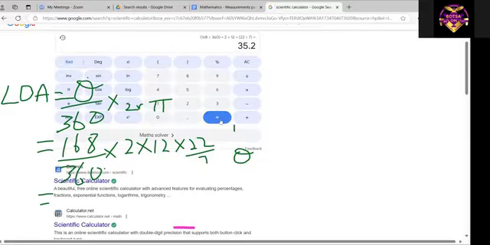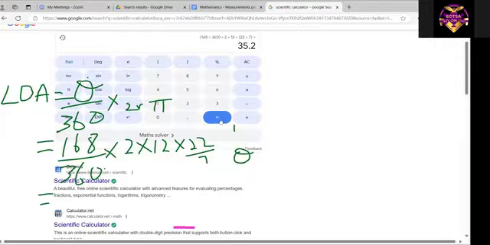Yeah, so with Google Scientific, apparently you have to put certain things in brackets because the calculator needs help. I don't have to do that in my actual scientific calculator. I just put everything in. But apparently with Google Scientific, if you put in a fraction, you have to put it in brackets.